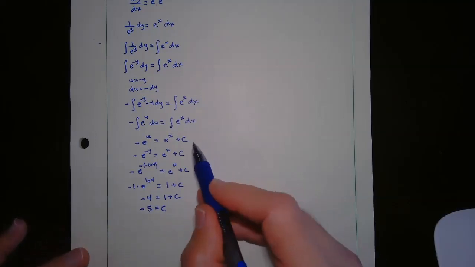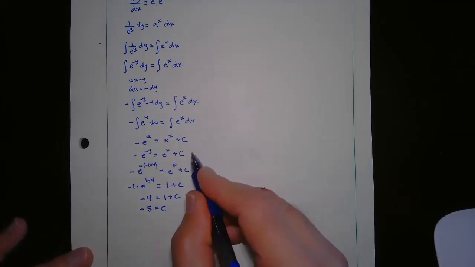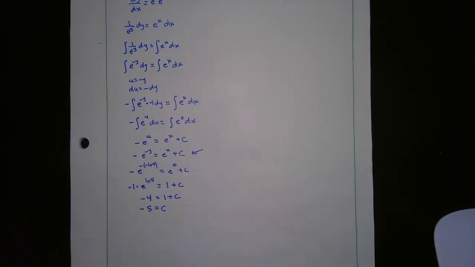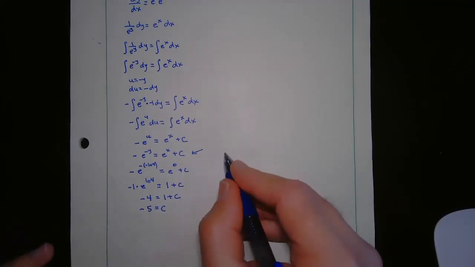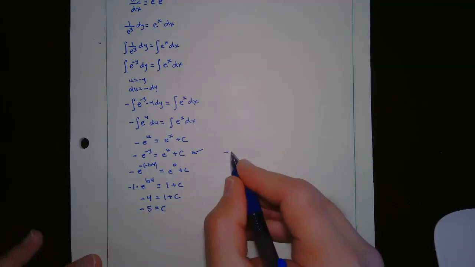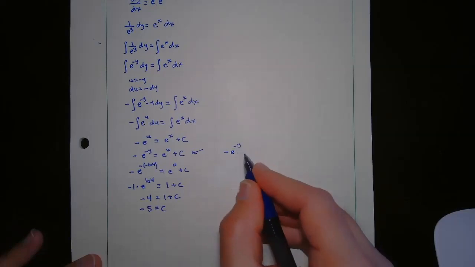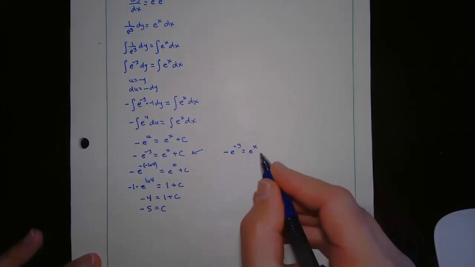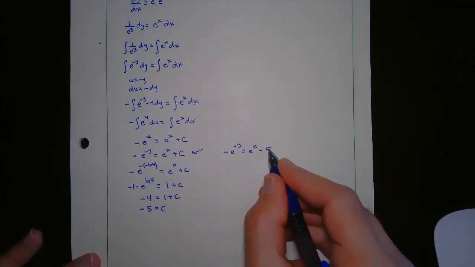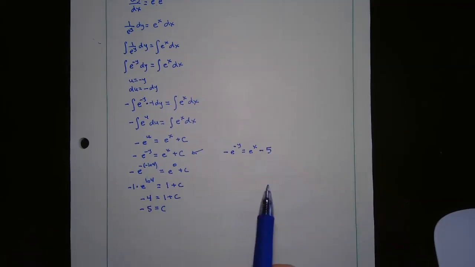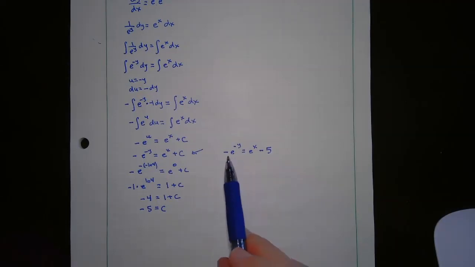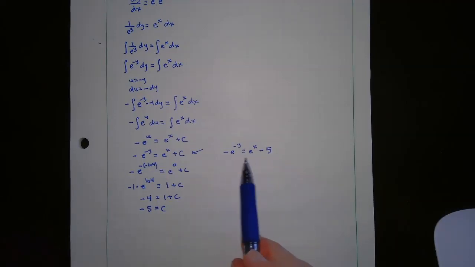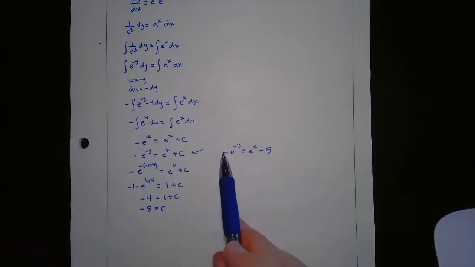So I'm going to come back into the equation where I have x and y, and this becomes negative e to the negative y is equal to e to the x plus negative 5, but that's really the same thing as minus 5. Okay, now I think it's easier if we multiply both sides by negative 1 and get rid of this negative right here.